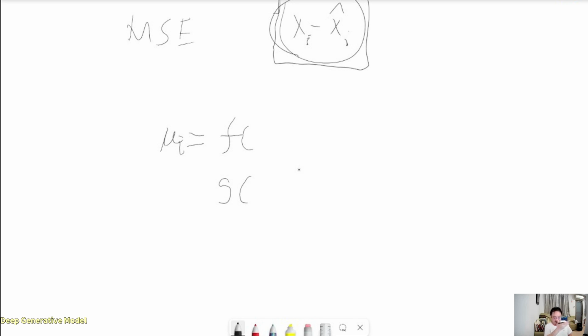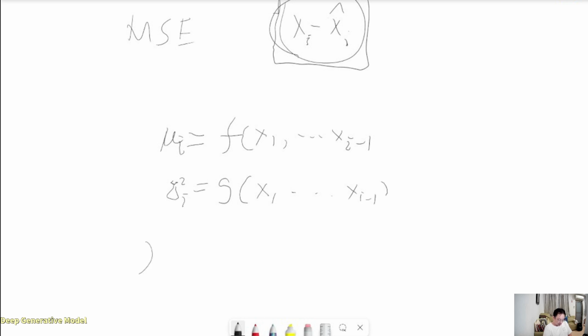Usually we just use the same one because they can share weights. But you can do whatever you want, and output the standard deviation. It must be a positive real number. So your input is still the same, x_1 to x_{i-1}.